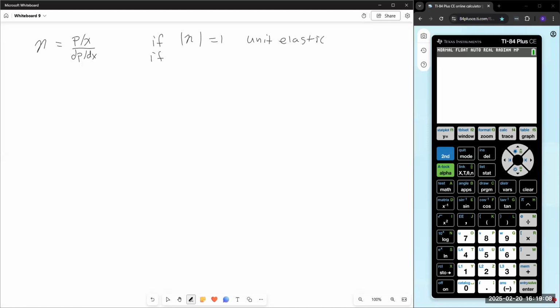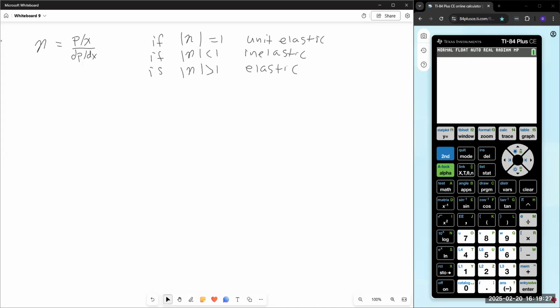If the absolute value of eta is less than 1, we call that inelastic. And if the absolute value of eta is greater than 1, we call that elastic.